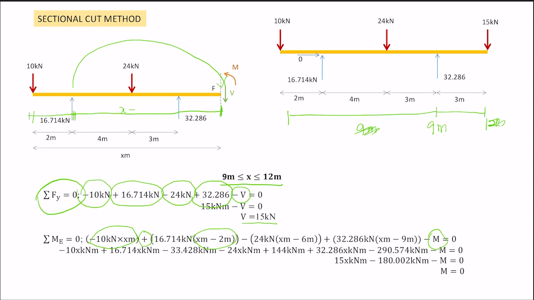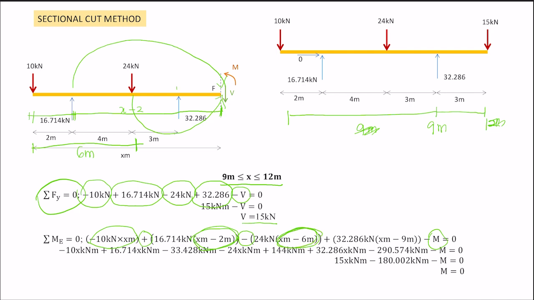Therefore X minus 2, so X meter minus 2 meter. Next, we have the 24 kilonewton. It is counterclockwise, negative, and the distance is, okay, from here to this point is 6 meter. So X minus 6 meter.